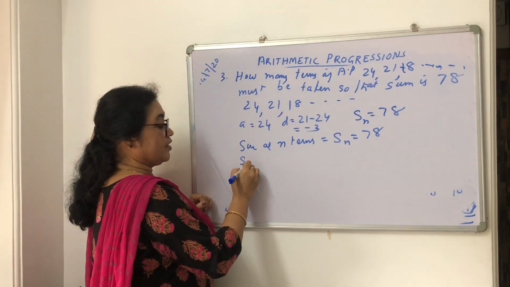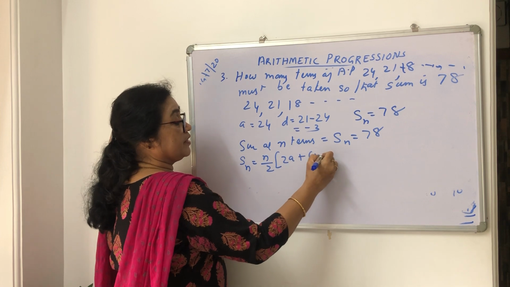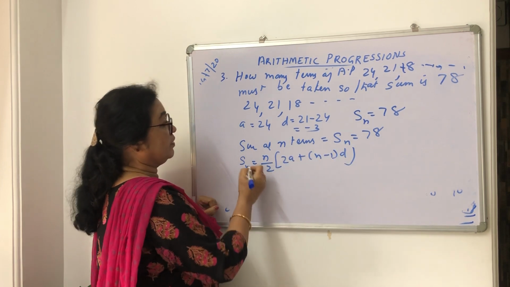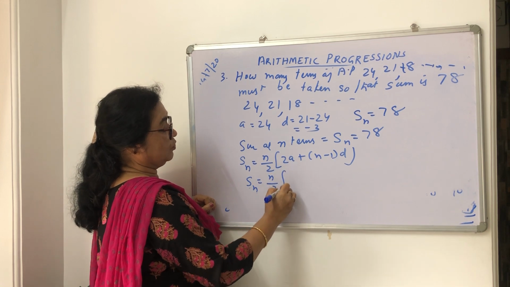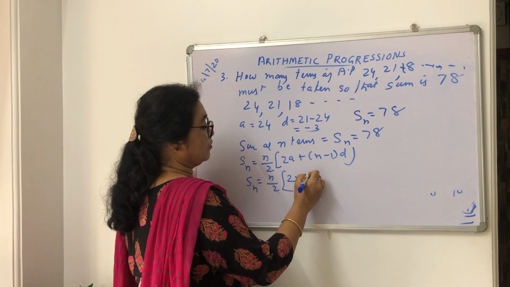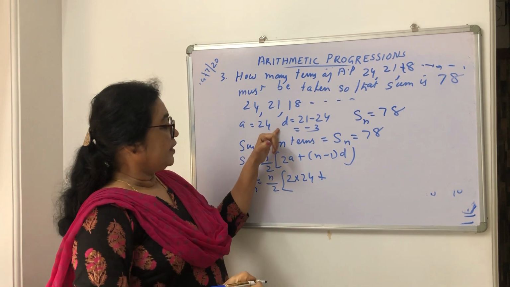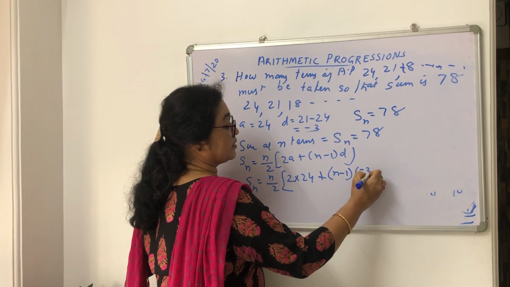So Sn equals n by 2 into 2a plus n minus 1 into d, where a is 24 and d is minus 3, so n minus 1 into minus 3.